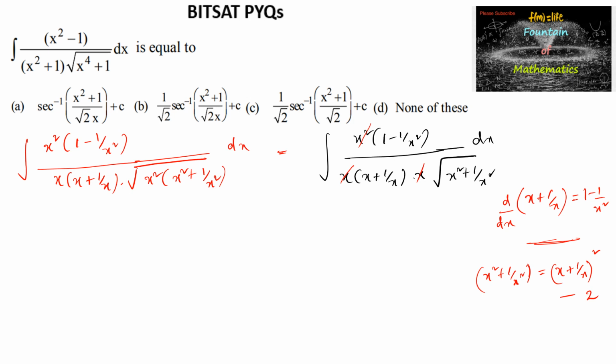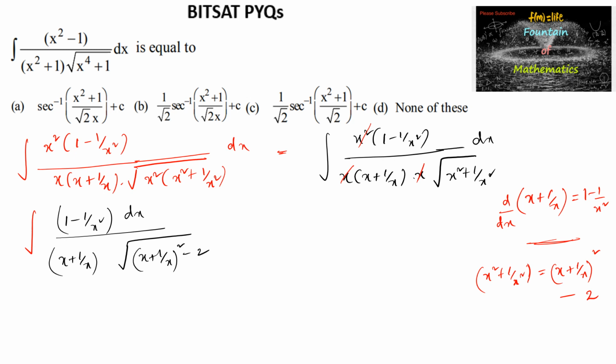So let us write here integral 1 minus 1 upon x square dx divided by x plus 1 upon x into under root of (x plus 1 upon x) whole square minus 2, which is under the integral. So by substituting x plus 1 upon x is equal to t, we get 1 minus 1 upon x square dx is dt.